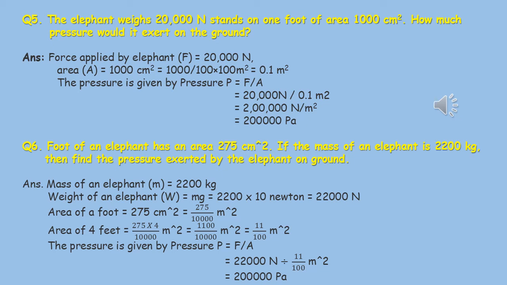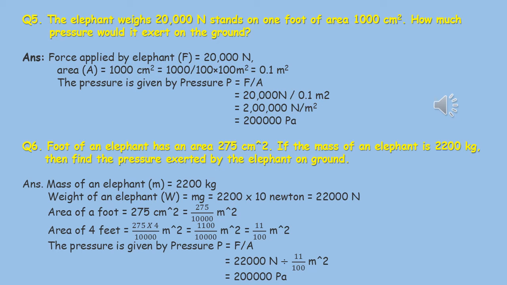Now we are moving to question number 6. The foot of an elephant has an area 275 centimeters square. If the mass of the elephant is 2200 kg, then find the pressure exerted by the elephant on the ground. Look at the sum here. Force or thrust on the ground is not provided.